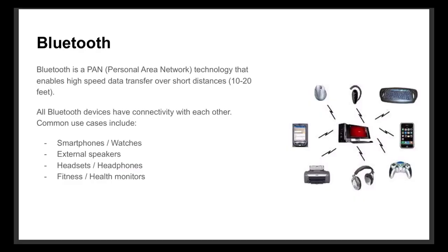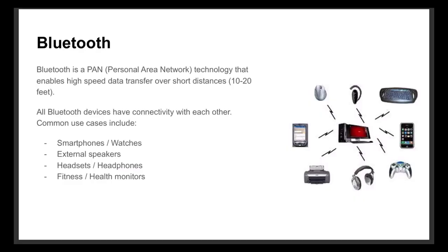Bluetooth devices go through a process called pairing. The pairing process allows 2 Bluetooth compatible devices to establish a wireless connection with each other for data transfer as well as accessing the features of the paired devices.